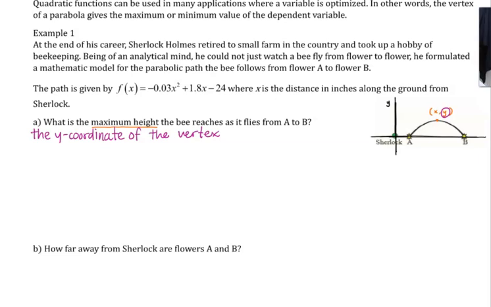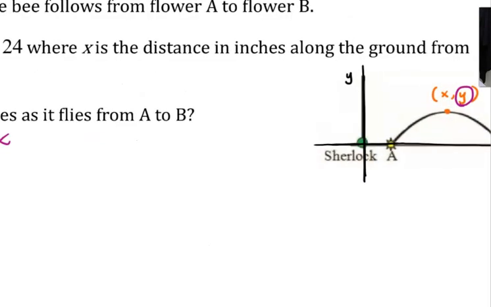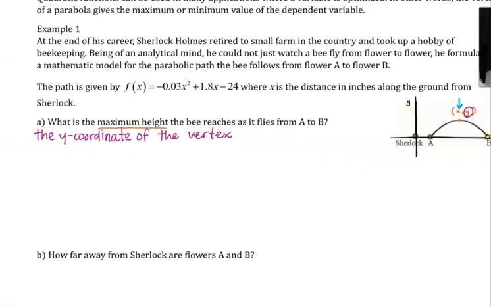Another way is by using the vertex formula. And remember, the vertex is a point (x, y), and what the vertex formula tells us is that the x coordinate of the vertex is equal to negative b divided by 2a.